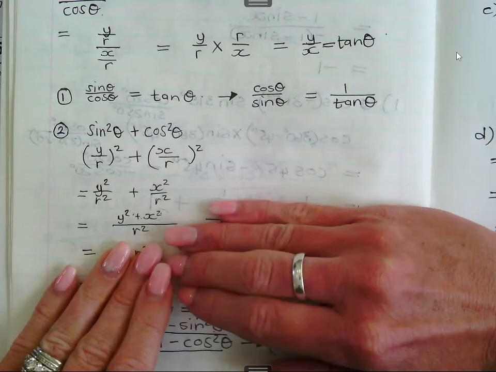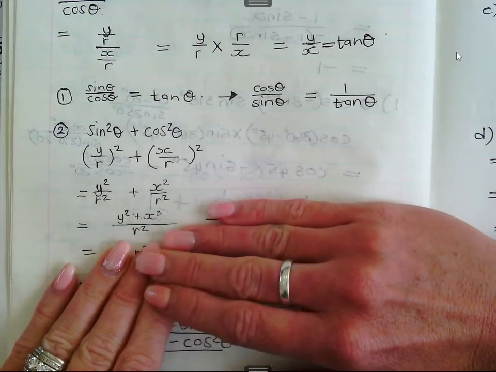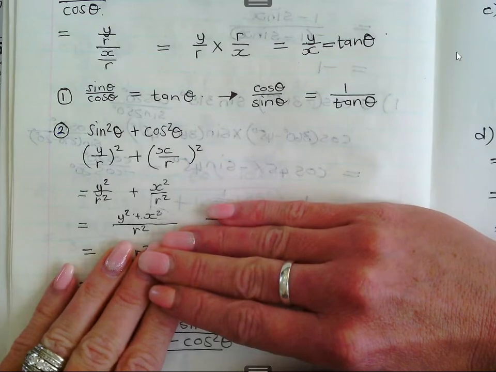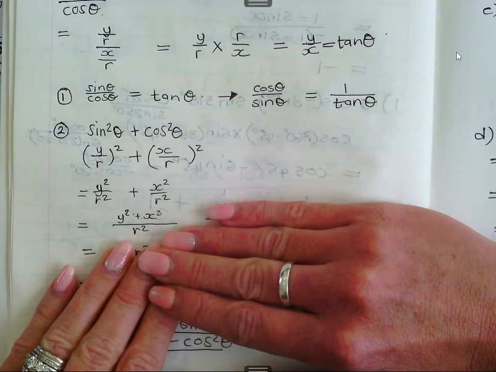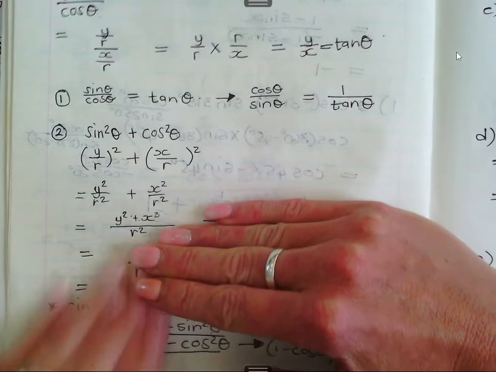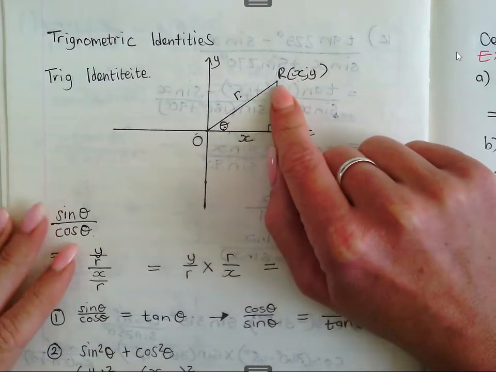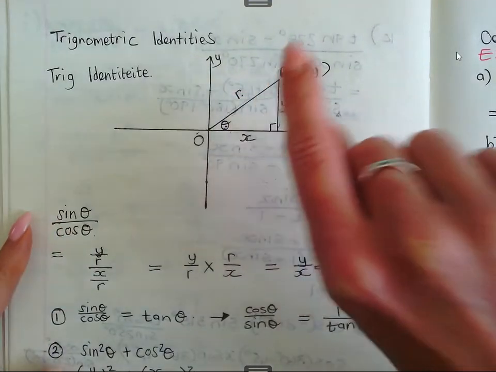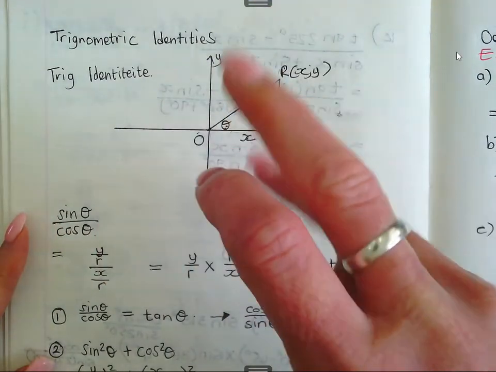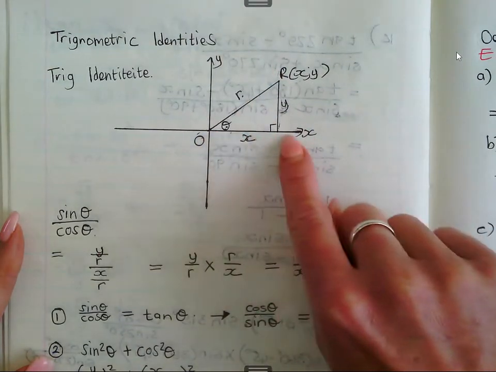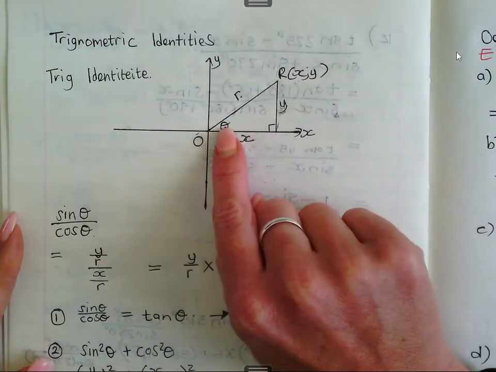Up to here, algebraically we can't do anything else. And here is the trick for the proof. I just want you to quickly look at this triangle again. You remember Pythagoras? Pythagoras says that x squared plus y squared is r squared.